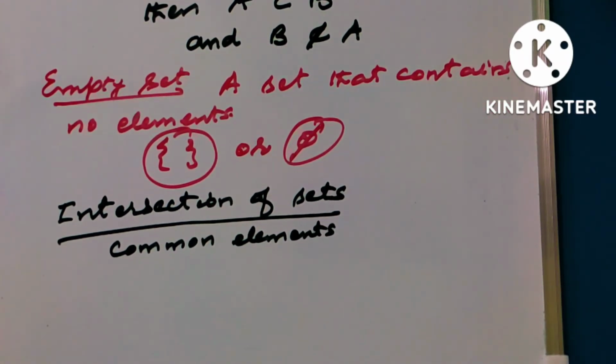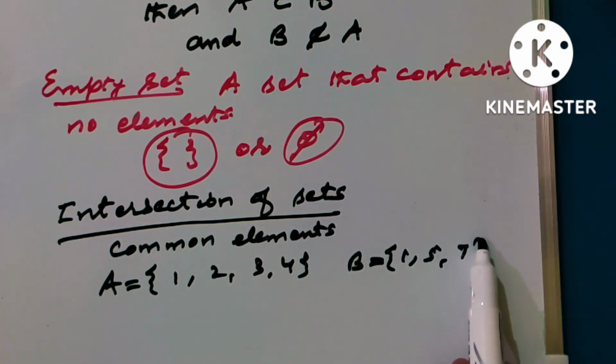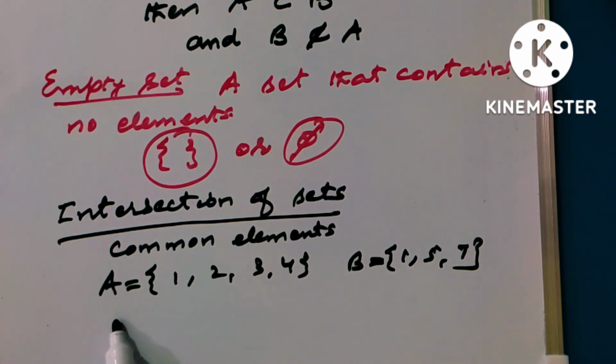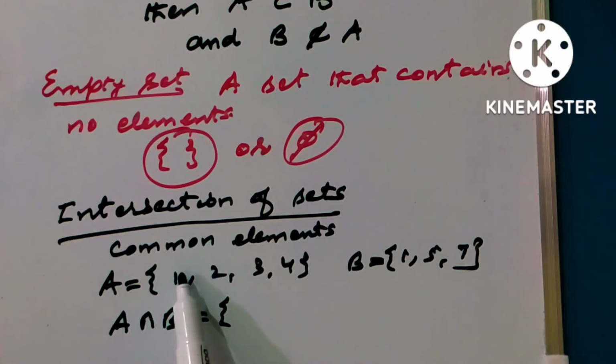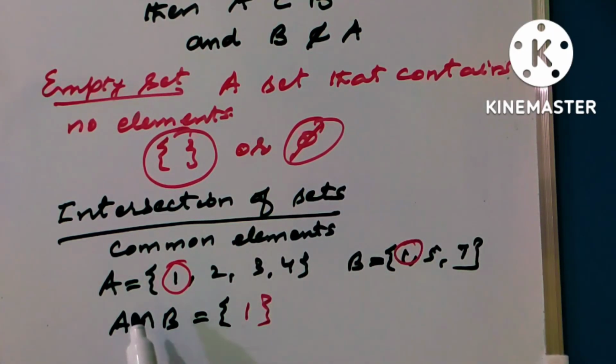For example, if set A has elements 1, 2, 3, 4 and set B has elements 1, 5, 7. Now A intersection B is equal to only one element is common, that is 1. So 1 will be the answer. Intersection is denoted by this symbol, this one.